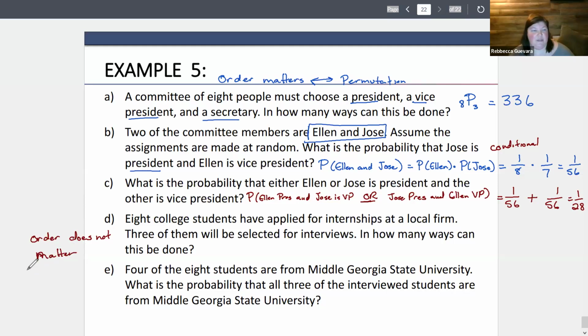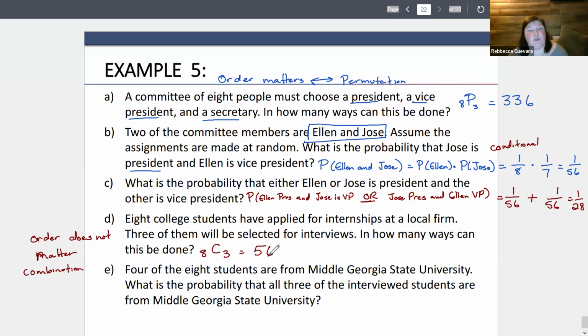So we're looking at a combination. So we have 8 students and we're only selecting 3 of them. This is going to be 56 ways that we can end up picking 3 of these people to interview.